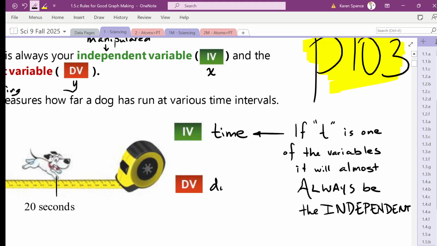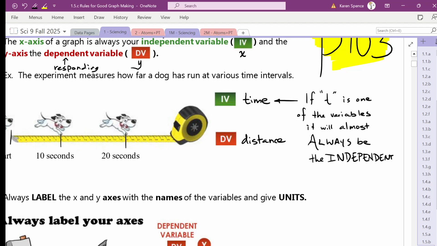Distance, yep. So how far the dog goes depends on how long the time has gone on.